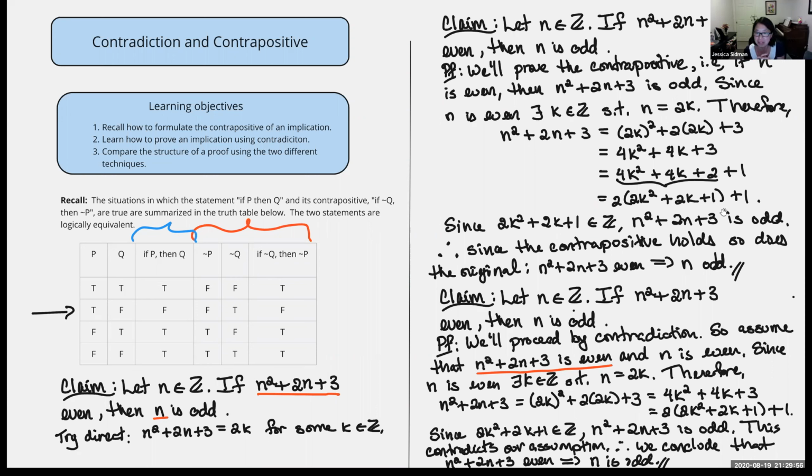And what we noticed is that it's really just the first sentences that are different, and then the last sentences that are different. The algebraic substance of the proofs are exactly the same, right? Where I said, since n is even, there exists a k such that n is equal to 2k, therefore, blah, blah, blah. That happened in both proofs.